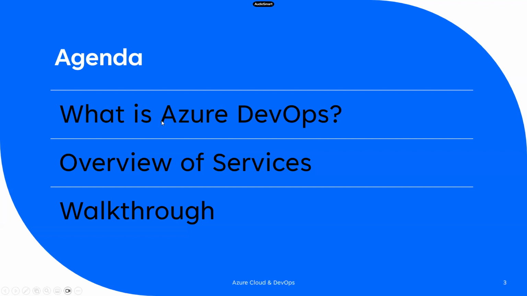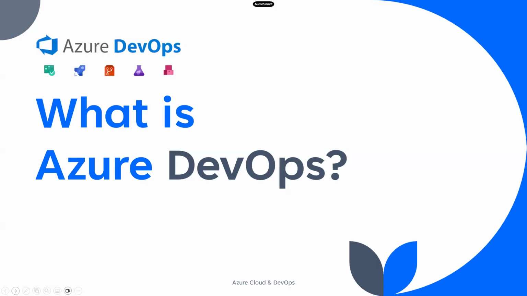Azure DevOps itself is a service providing a bunch of services, and we'll look into what all services it is providing, and we'll have a walkthrough of the portal that we have in Azure DevOps.